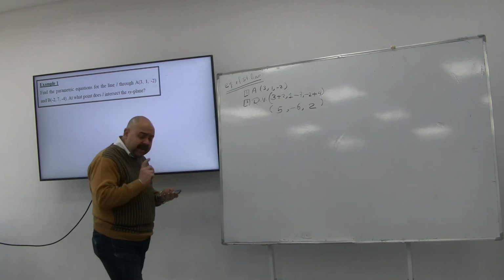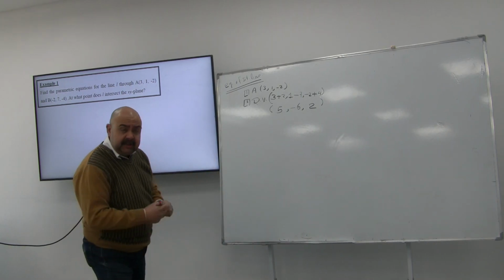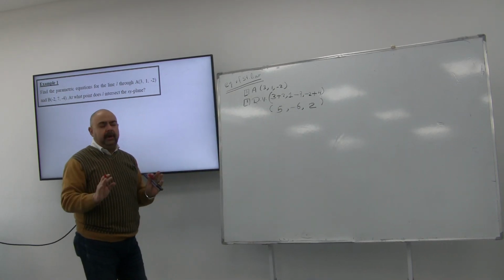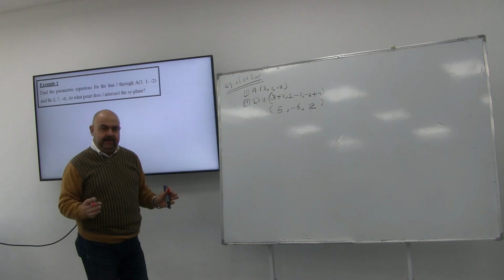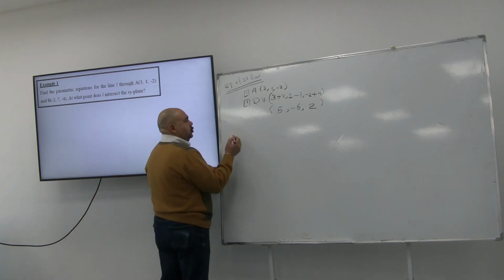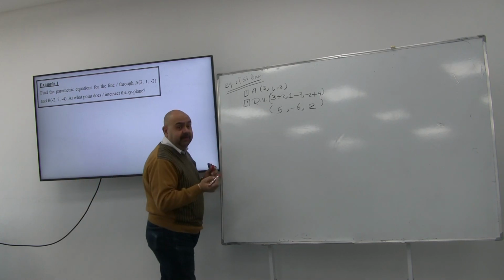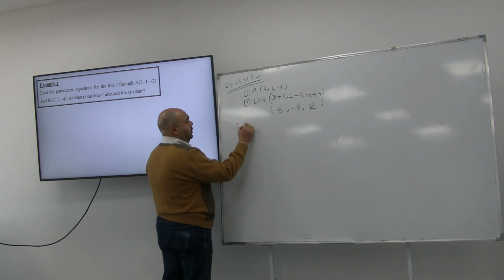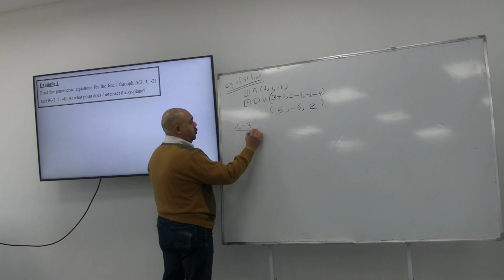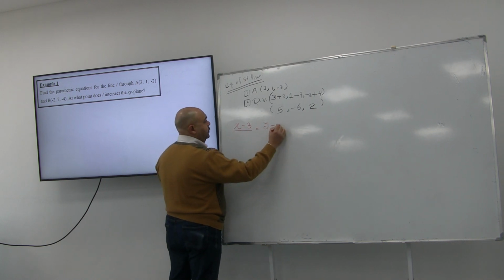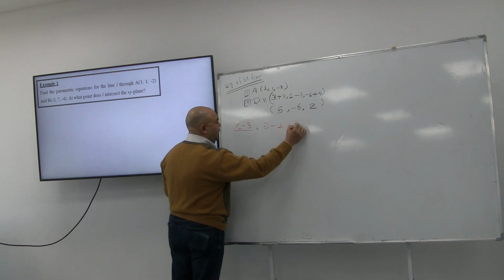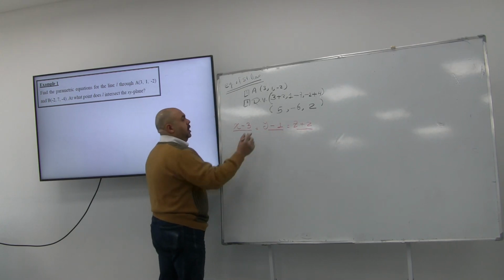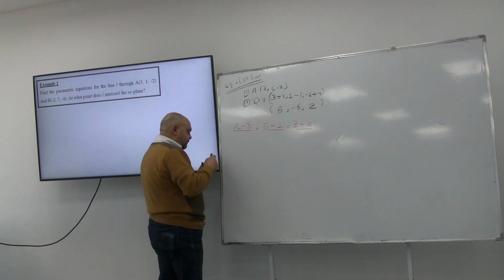Now I can write the equation of this straight line in symmetric form or in parametric form. I usually prefer to write the symmetric and then get the parametric. I don't need to memorize all of them, but it's really very simple. So all I have to do is to say (x - 3) equal to (y - 1) and (z + 2), each divided by the coordinates of the vector.